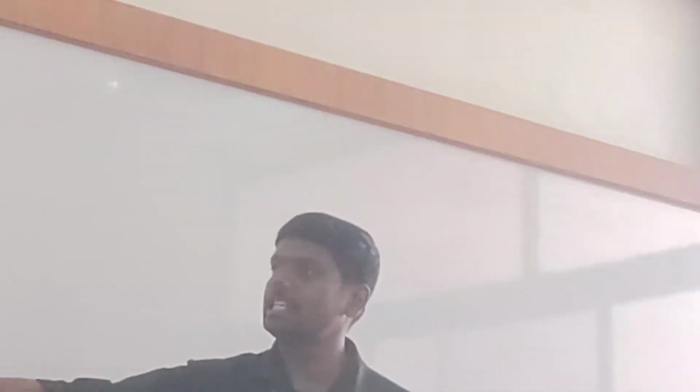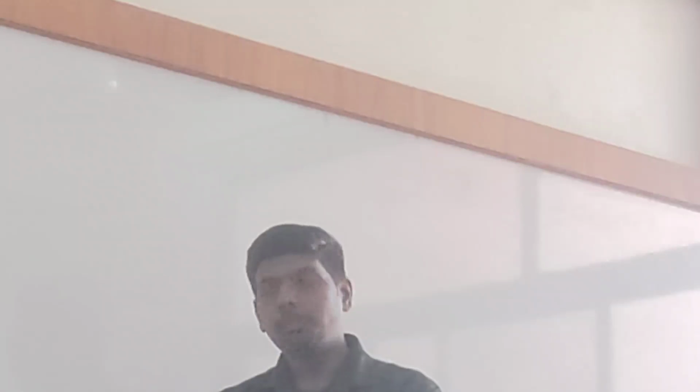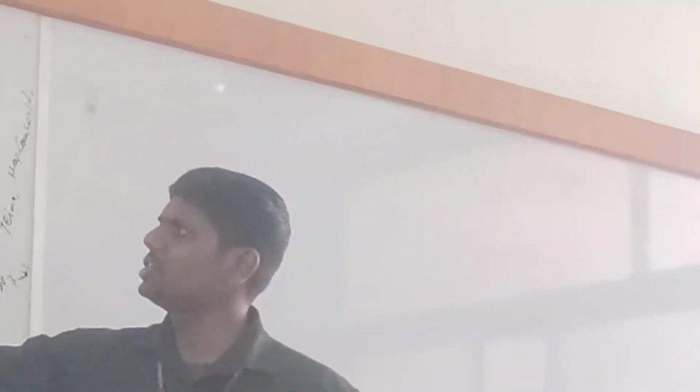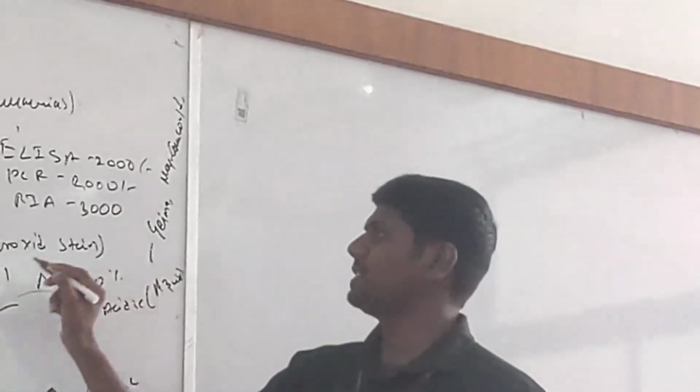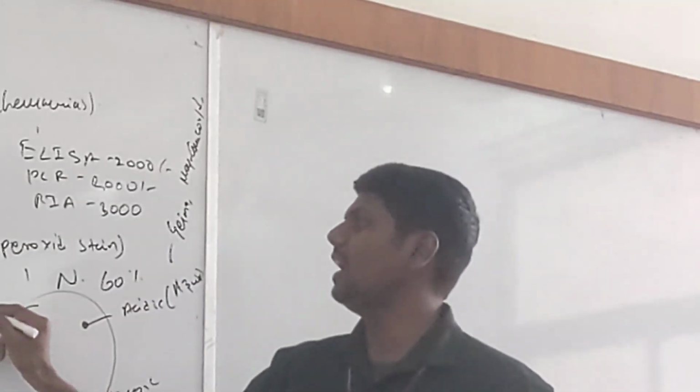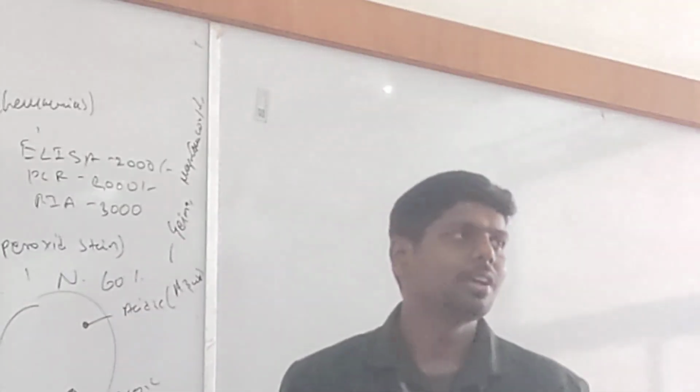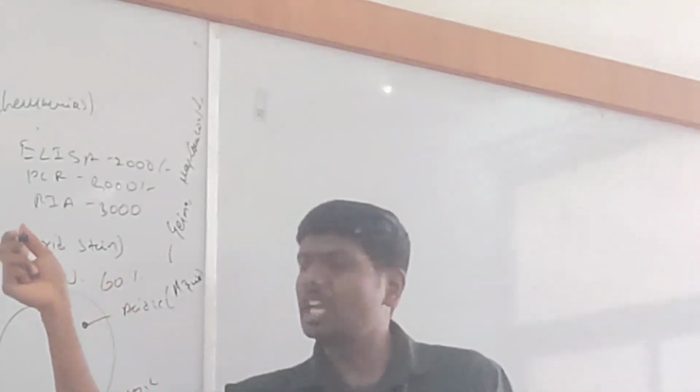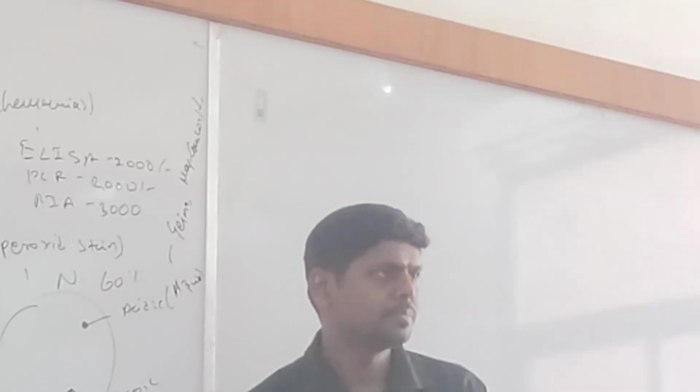Azur granules means our acidic and basic granules. Both acidic and basic, or only acidic? Both together. Acidic and basic granules together are called Azur granules. And MPO stain, myeloperoxidase stain, can stain the Azur granules simply. Hence MPO stain is also called an Azur stain.